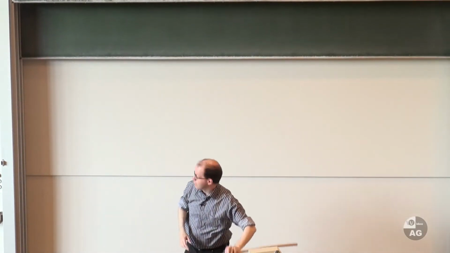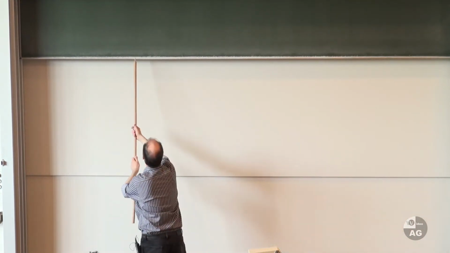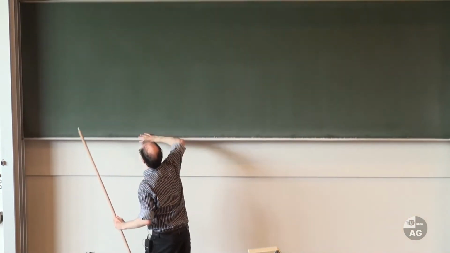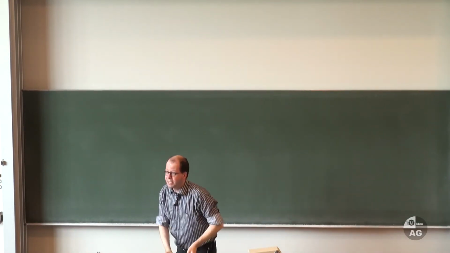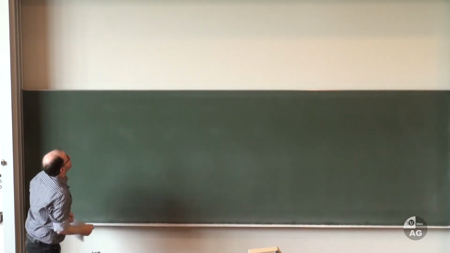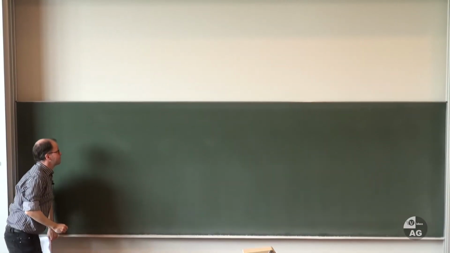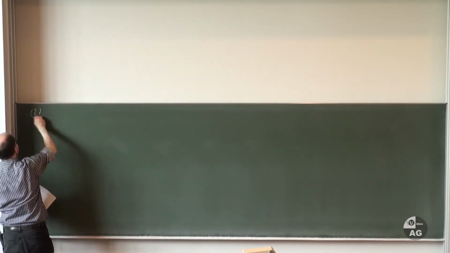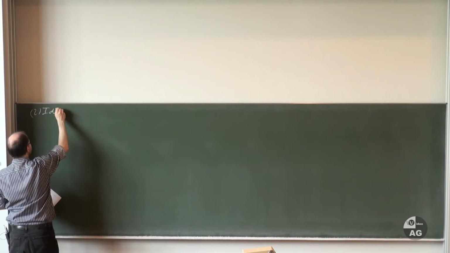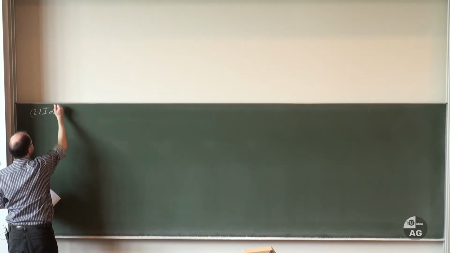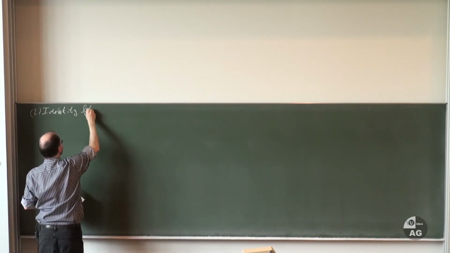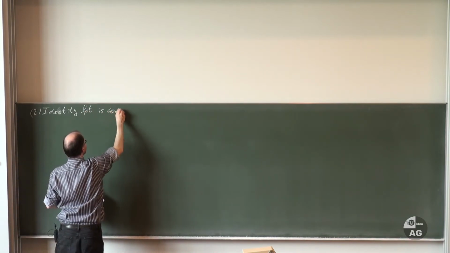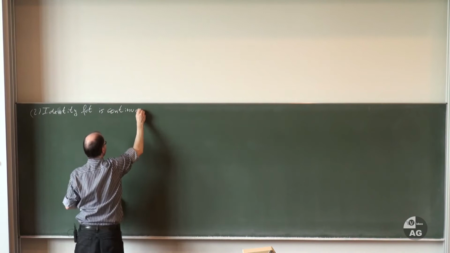Let's look at a slightly more involved function and check whether it is continuous as well. Let's look at the identity function. The identity function is also continuous. Well, why?